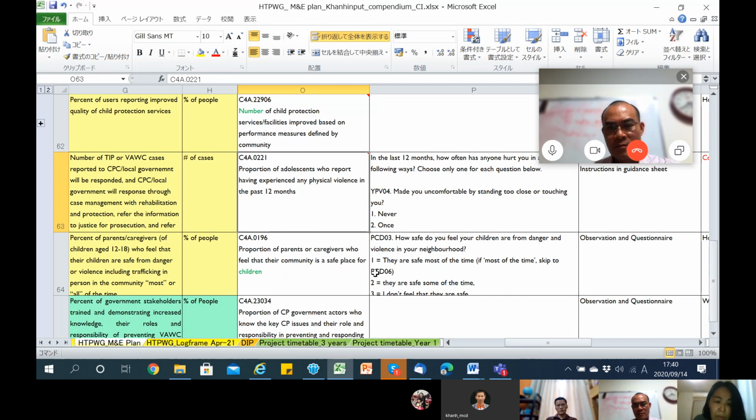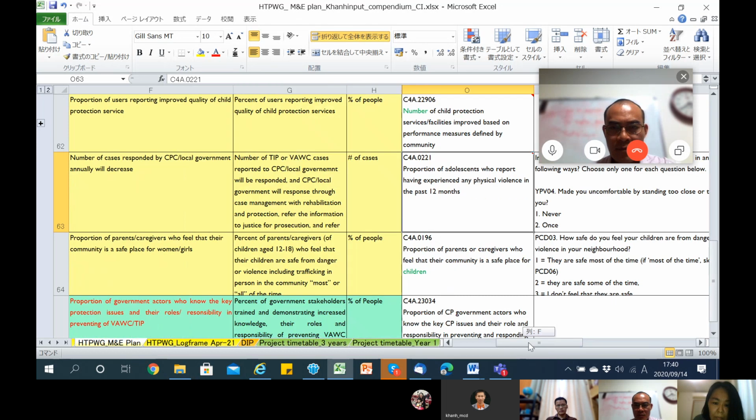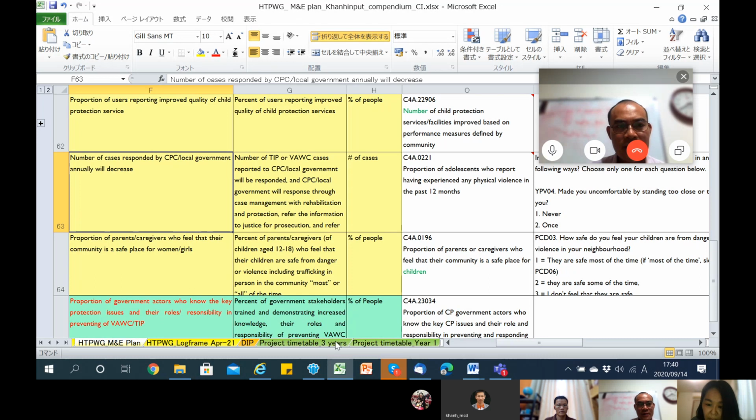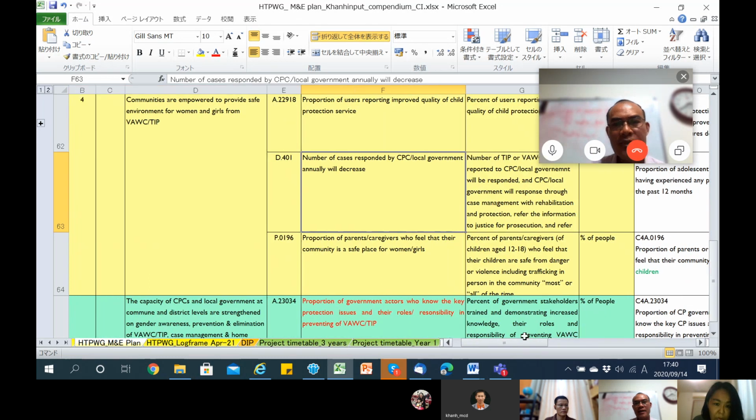Mr. Kwan, have you ever developed any tools similar to this indicator? Were you able to see this indicator? Yes. If we have the piece of information that we need to collect, we can develop the tools. Yes, this is more like accounting, I think.